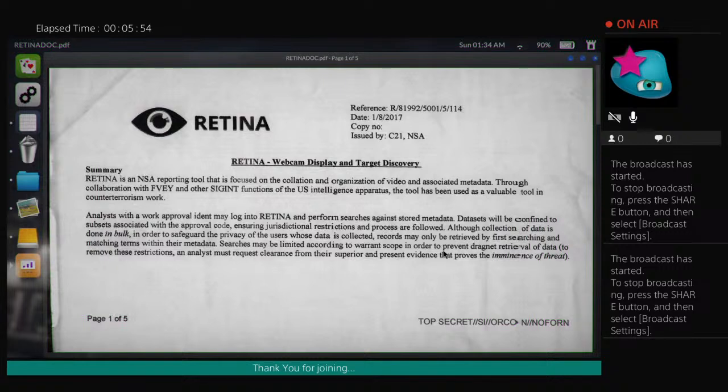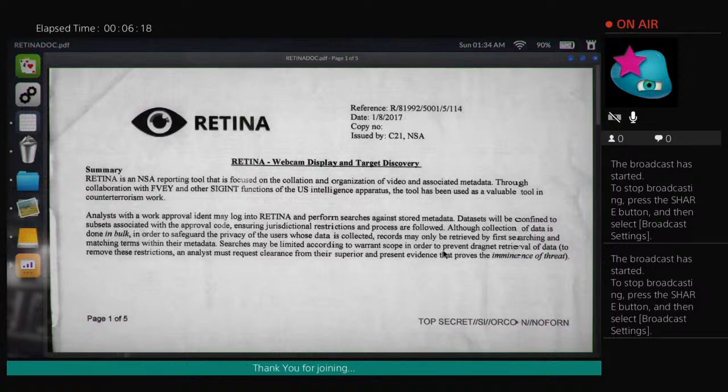Retina is an NSA reporting tool that is focused on the collation and organization of videos and associated metadata through collaboration with... Ooh, what? I need to write these down. Actually, let's look up Retina. We'll put that on the list.